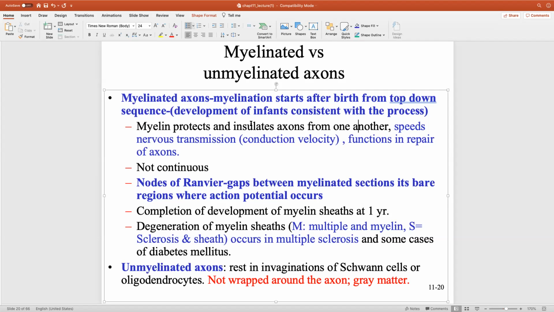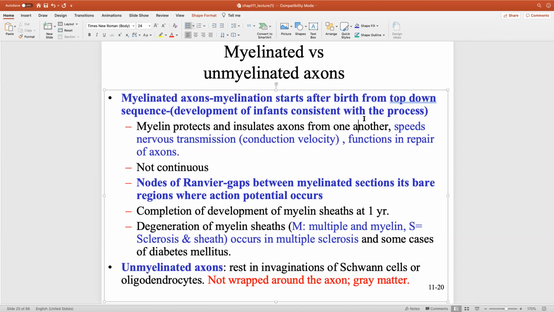Now, myelination of axons starts after birth in a top-down sequence. That's a big one. There's a sequence of development that pediatricians want to see. For the most part, pediatricians understand that every parent's going to be proud of those milestones. Oh, my child is able to walk at 10 months. Oh my God, you're so talented!